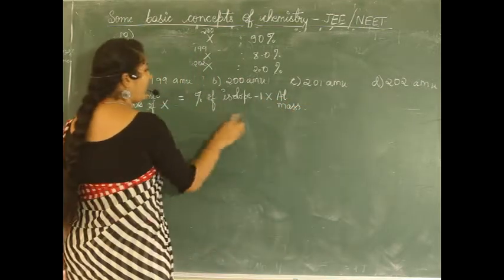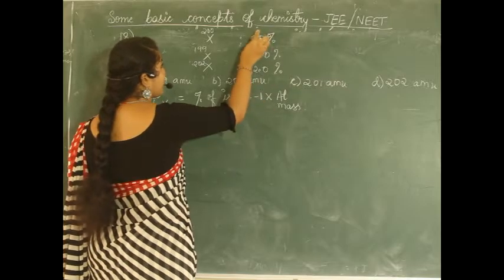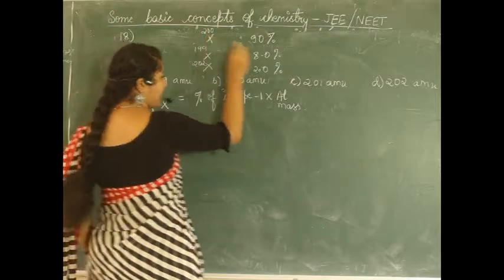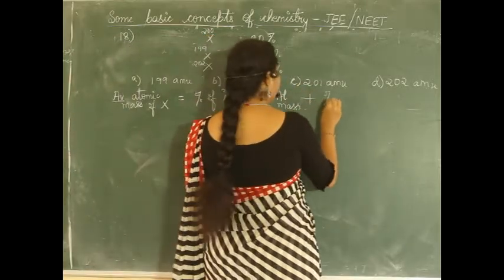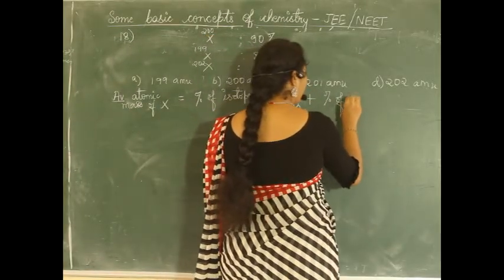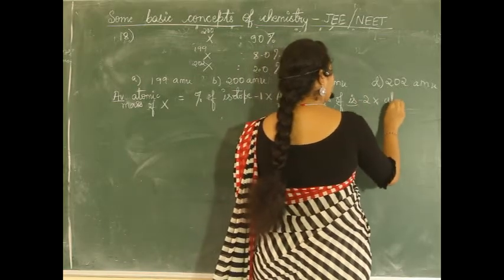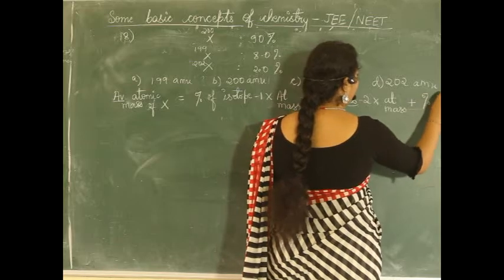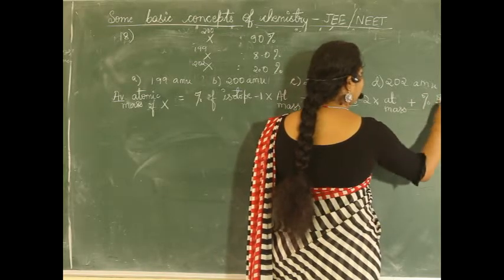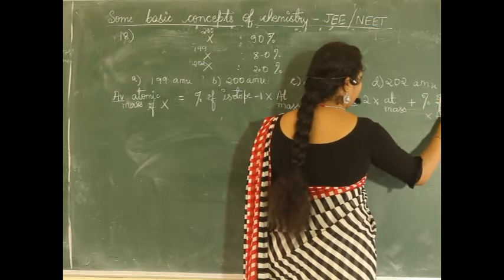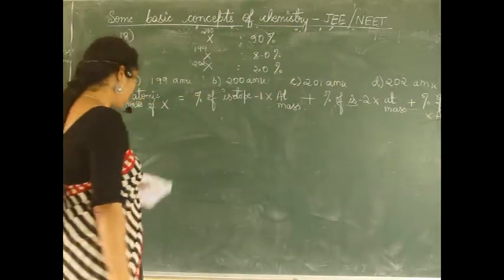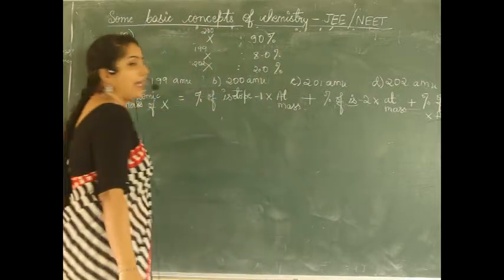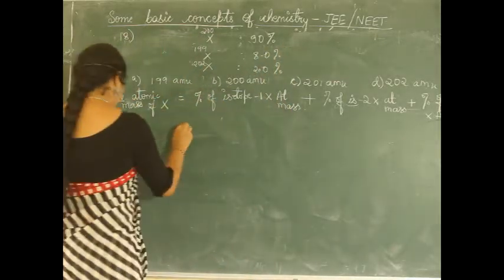Percentage of isotope 1, that means 90%, into its atomic mass, plus percentage of isotope 2 into its atomic mass, plus the same way for the other one, percentage of isotope 3 into its atomic mass, whole divided by the abundance total. So directly we can calculate this way.